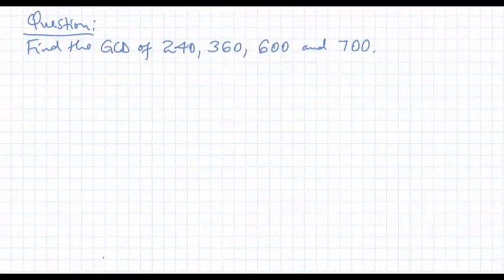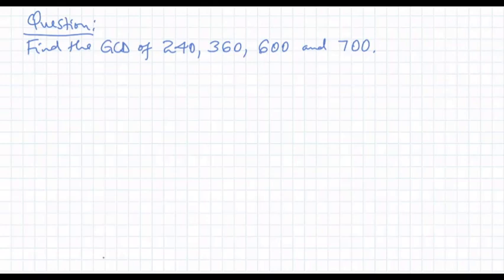Also, we have another question: find the GCD of 240, 360, 600 and 700. In such a case, with bigger numbers like this, it will still be possible to use the listing method, but it will be more cumbersome because you'll have to write all the factors or the divisors.